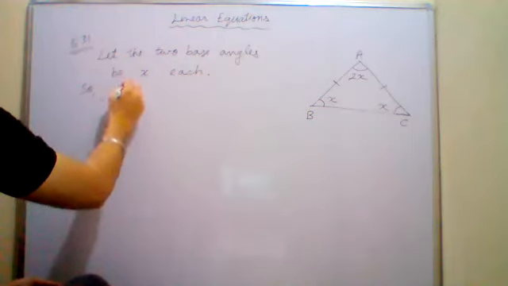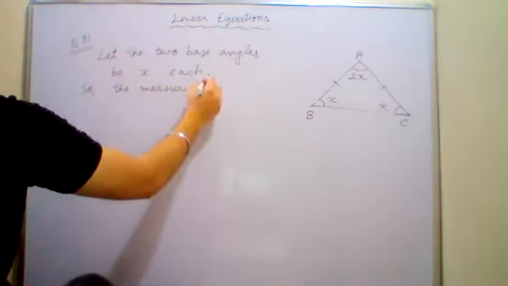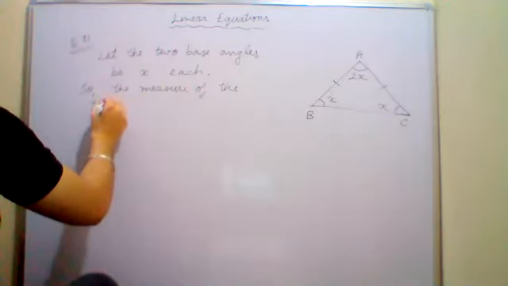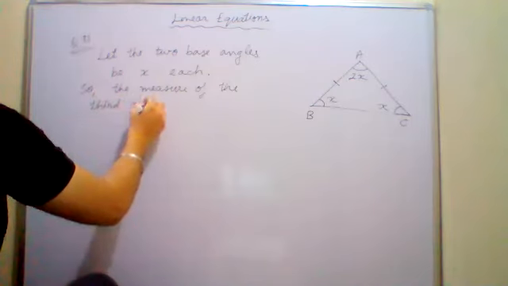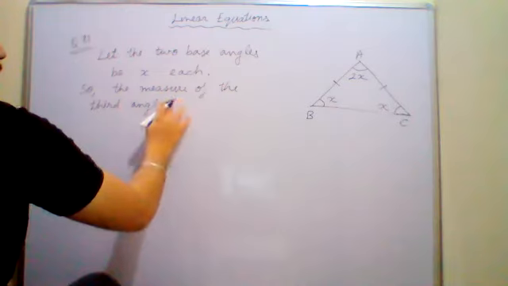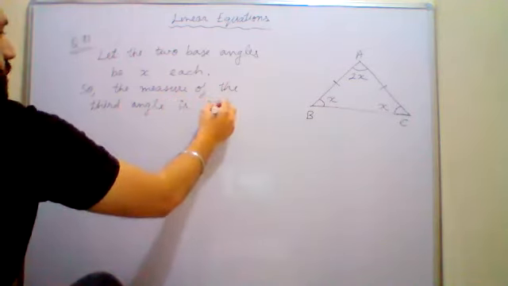So the measure of the third angle, which is twice of the base angles, is 2x.